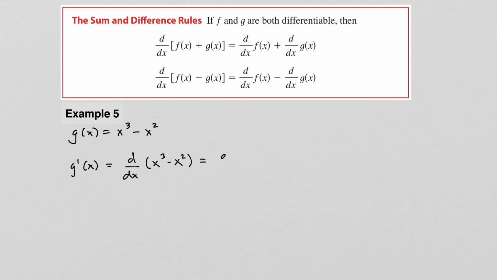But to do that, I'll just focus on taking the derivative of x cubed and then minus the derivative of x squared. So the derivative of x cubed we know is 3x squared, and the derivative of x squared is 2x. So it allows you to focus on one thing at a time.